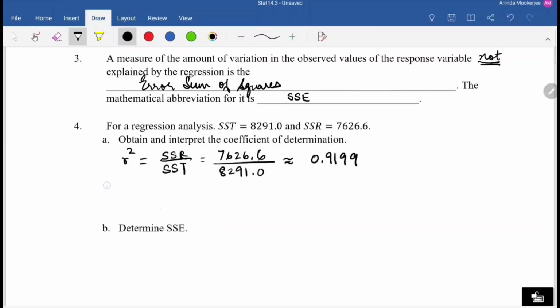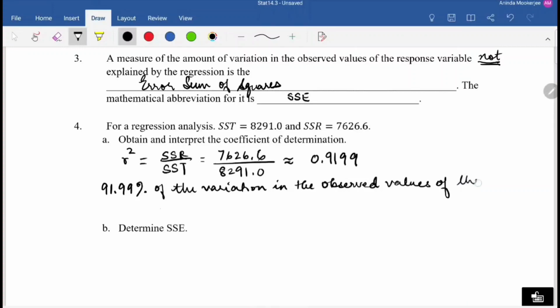The way you're going to interpret is 91.99% of the variation in the observed values of the response variable, the y variable, is explained by the regression.